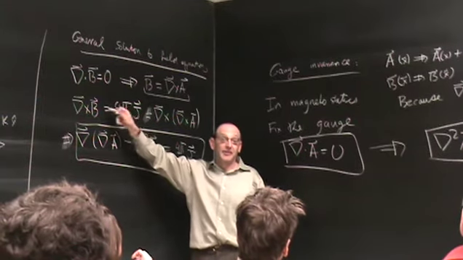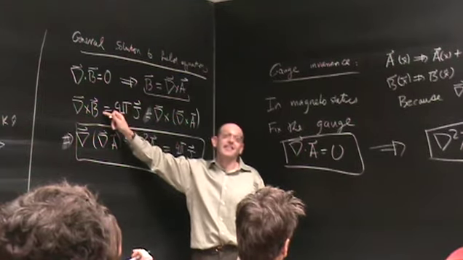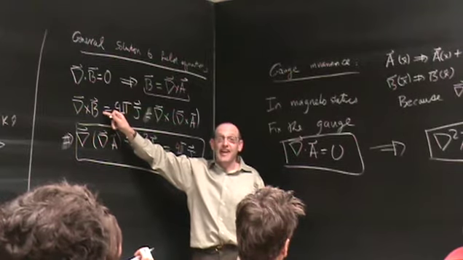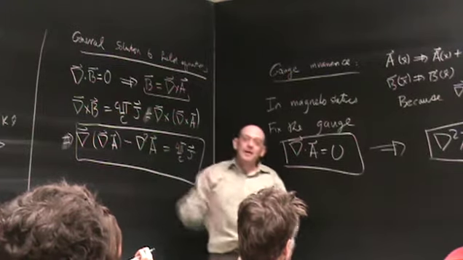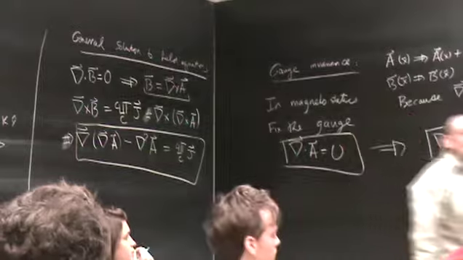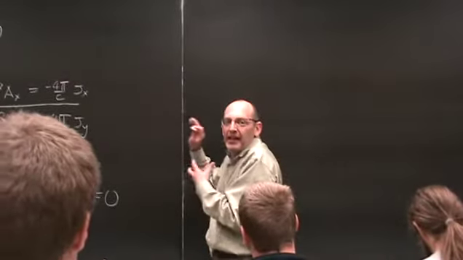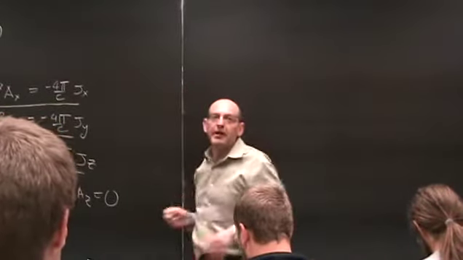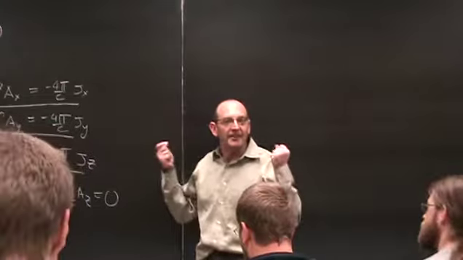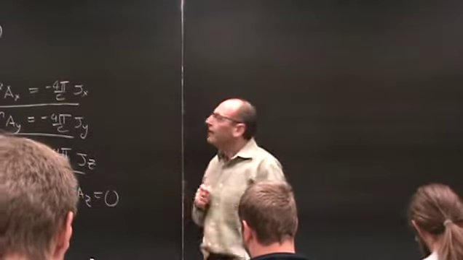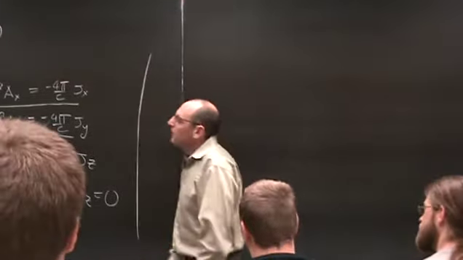If the curl is 0, then it's equal to the gradient of the scalar. But there's all kinds of tricks of the trade there. If we really wanted to delve into the guts of magnetostatics, we'd get into that. But we want to get the big picture overview here so we can get to the good stuff.